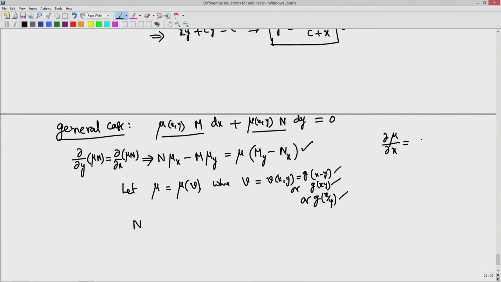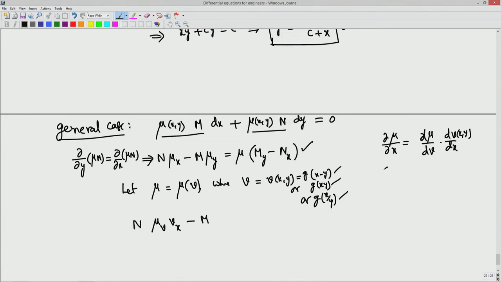This is equal to d mu by dv into dv by dx. V is a function of x, y. Okay. So if I write like this, mu x is given by mu v into vx minus m.